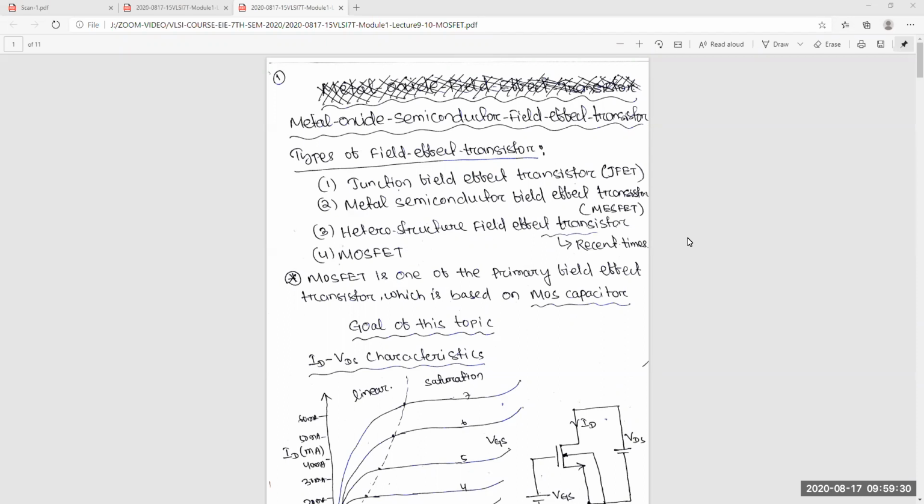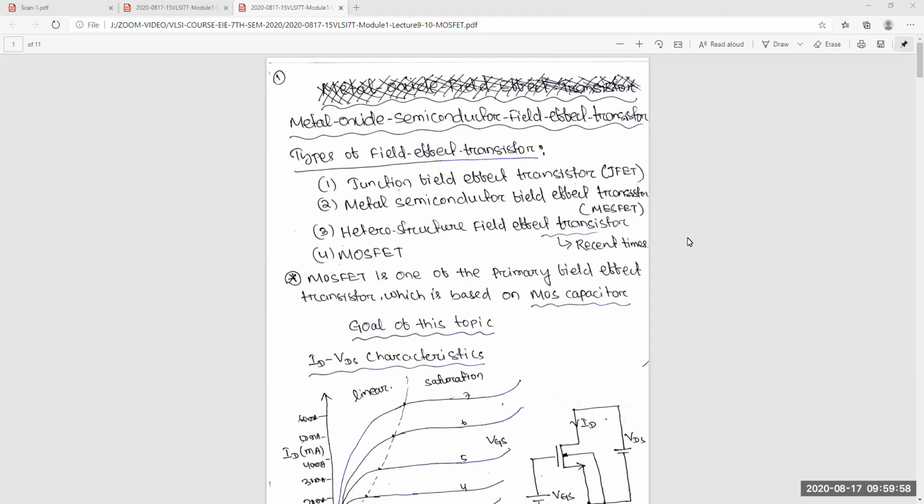For non-ideal MOSFET, two things we have considered. One is phi ms, the metal to semiconductor work function, and how phi ms will change if it's metal or polysilicon, heavily doped or lightly doped, N type polysilicon or P type polysilicon.